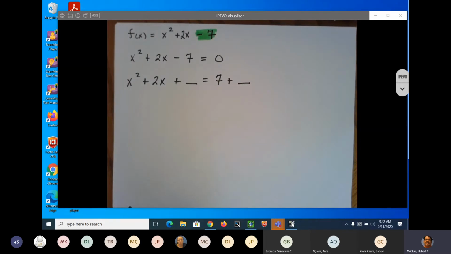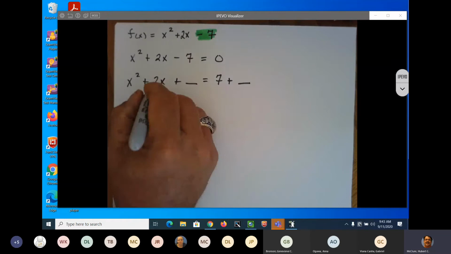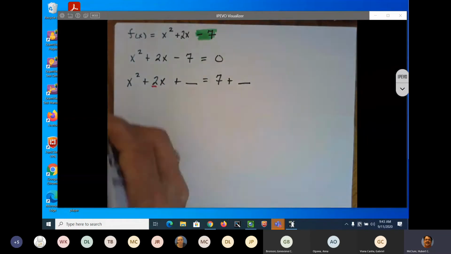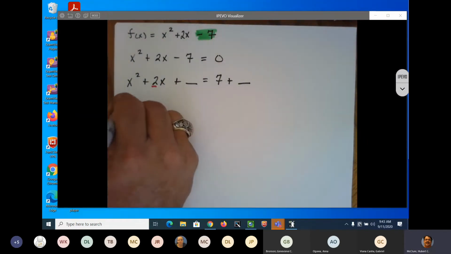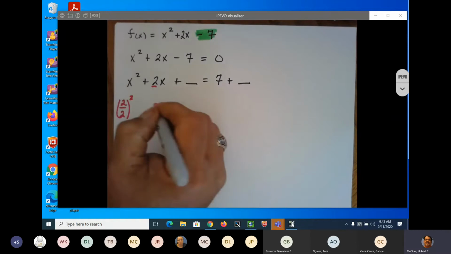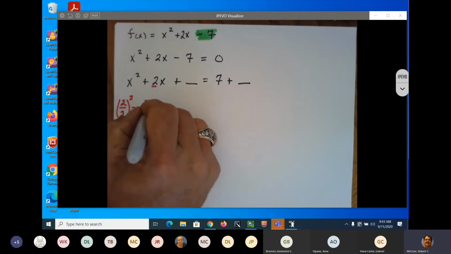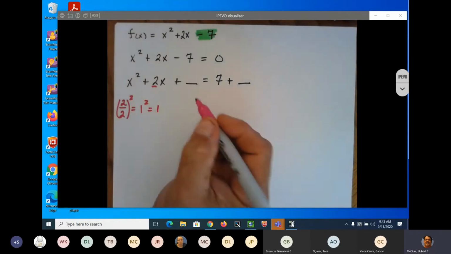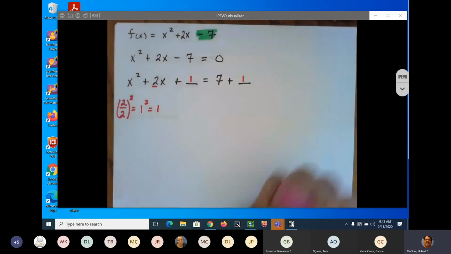Now we're going to do completing the square. I'm going to do it in another color because this is where you go off to the side and take whatever that number is right there, divide it by 2 and square it. 1 squared is 1. We're going to add that 1 here and there.